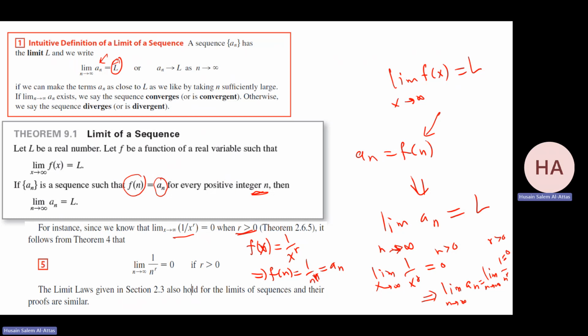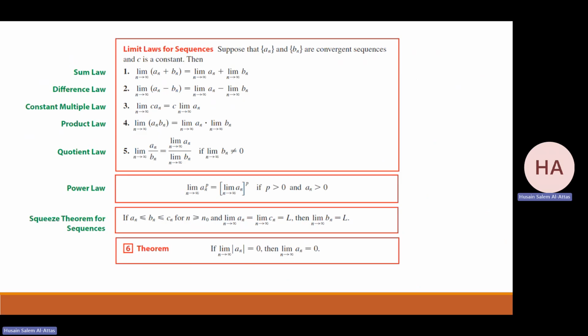It is the same thing as the limit of the function.